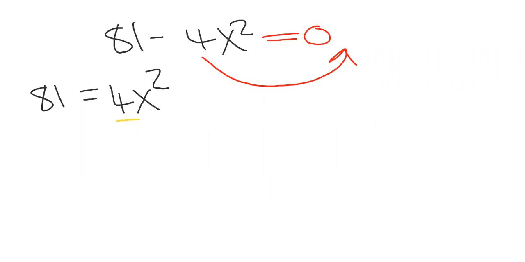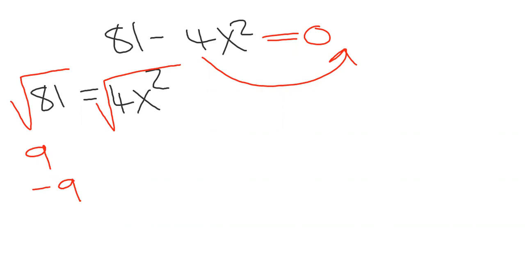Then if that's the case, go ahead and insert your square root sign. So square root of 81 is 9 and negative 9. Square root of 4x squared is 2x and negative 2x.